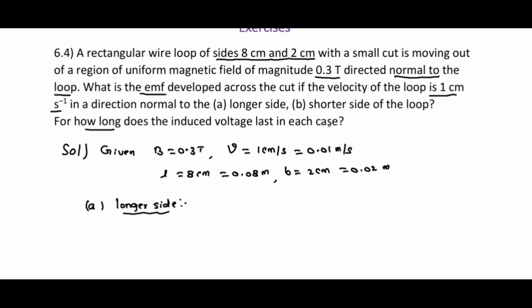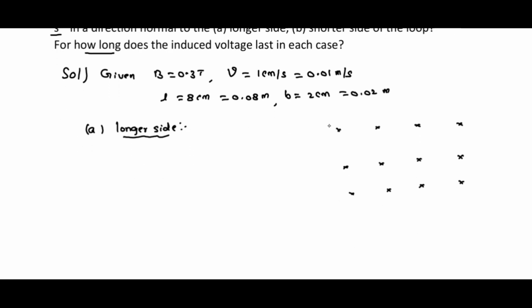Assume that this is the magnetic field into the plane, so we are taking a rectangle where some part is cut, and it is moving out from the magnetic field with velocity 1 centimeter per second.